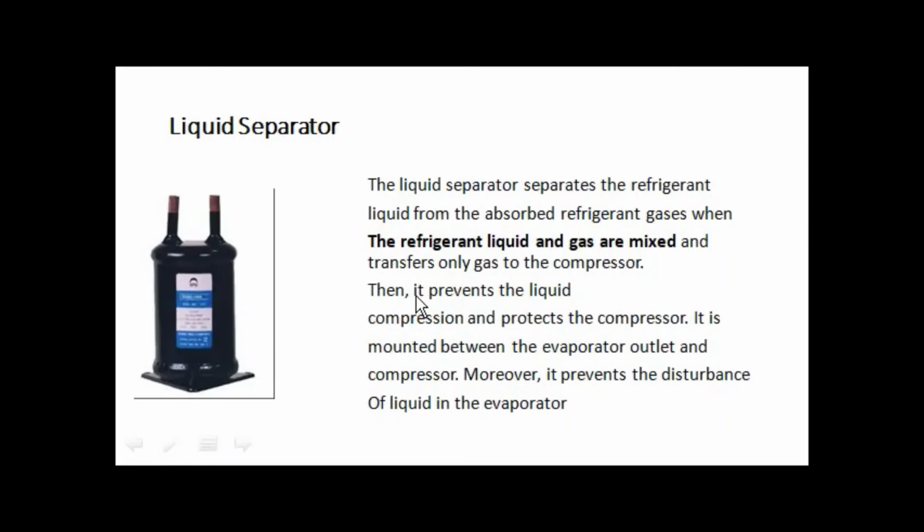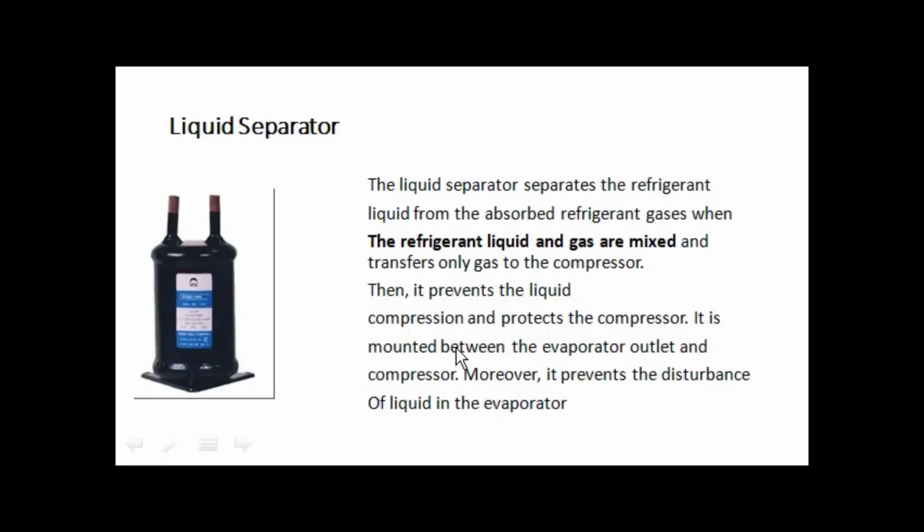So to have a safe system, we need to have this liquid separator in our system in order to protect our compressor. It prevents liquid compression and protects the compressor.